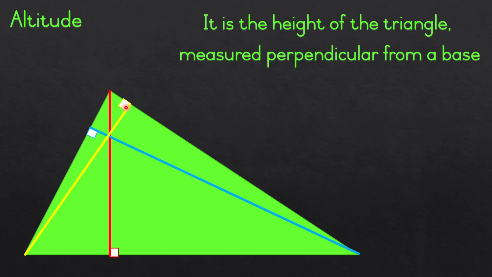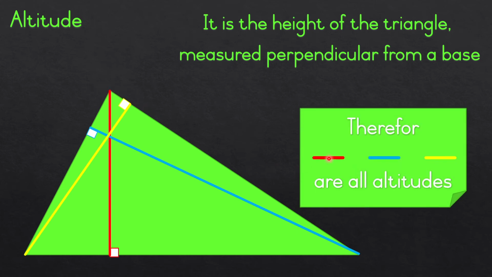So here we have a red base, a blue base on that side, and a yellow base on that side. Therefore, all three are altitudes. This all depends on where they want the altitude from. They will name the triangle A, B, C or D, E, F and tell you the altitude from this side. Then you have to take the side that they are naming and use the altitude there.